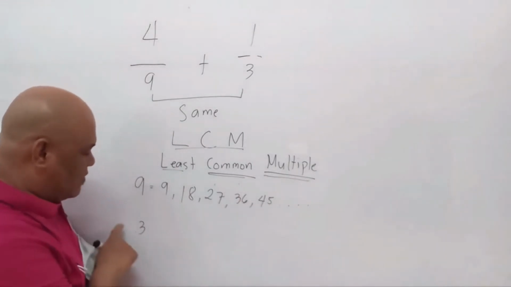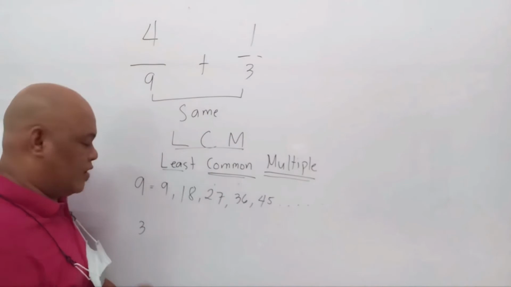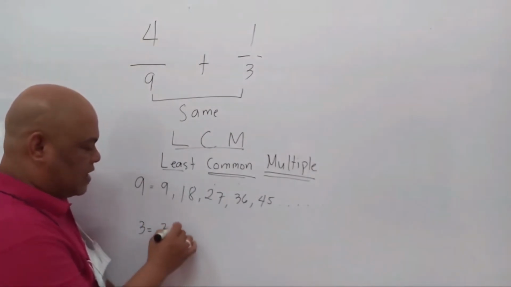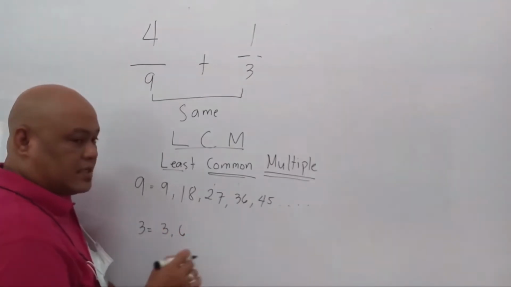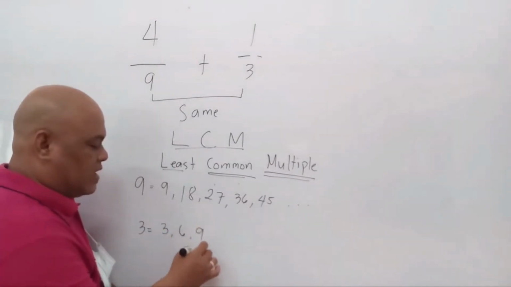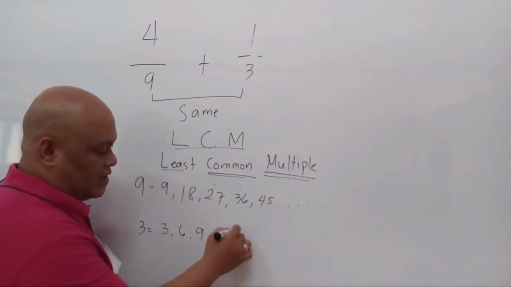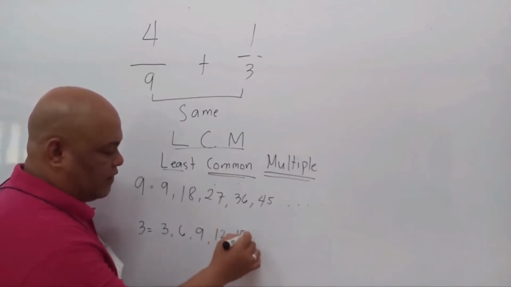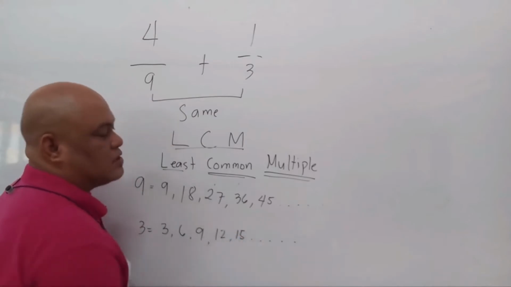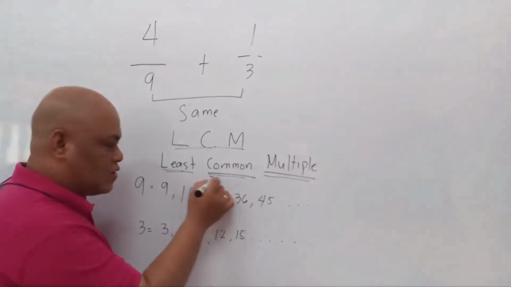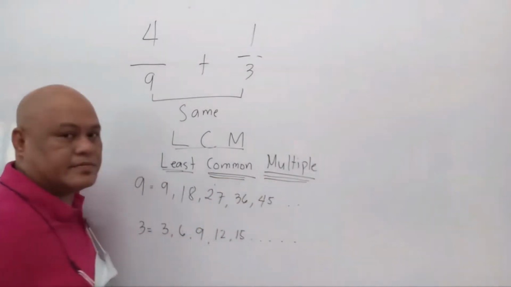Now let's get the multiples of 3. 3 times 1 is 3. 3 times 2 is 6. 3 times 3 is 9. 3 times 4 is 12. 3 times 5 is 15. So on and so forth, until you get the least common multiple.